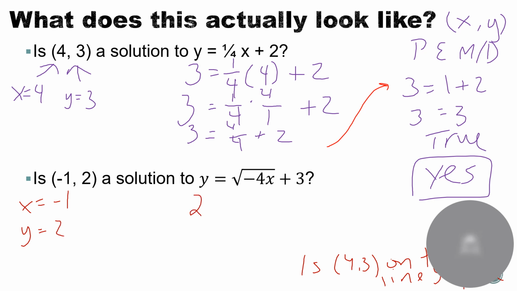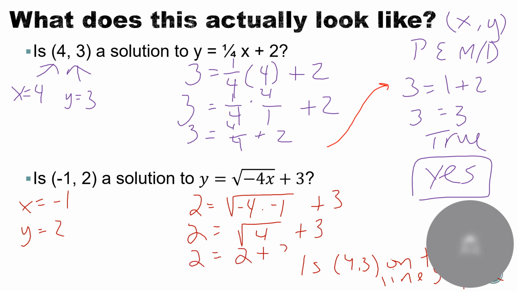So I plug in the 2. I do -4 times x. X is -1 plus 3. And then we follow order of operations. -4 times -1 is +4. The square root of 4 is 2. And 2 plus 3 is 5.